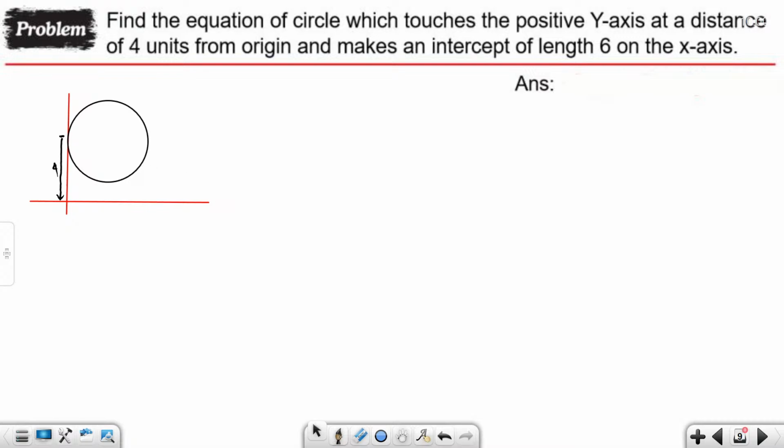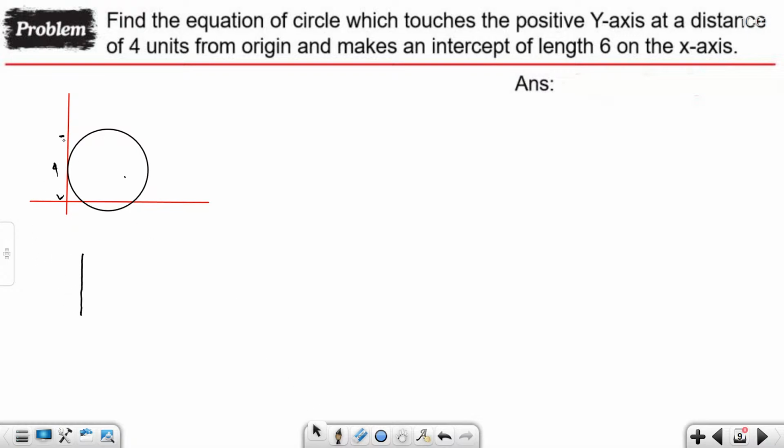So this distance is 4 from the origin, and it makes an intercept of length 6 on the x-axis. So this distance is not your 4.